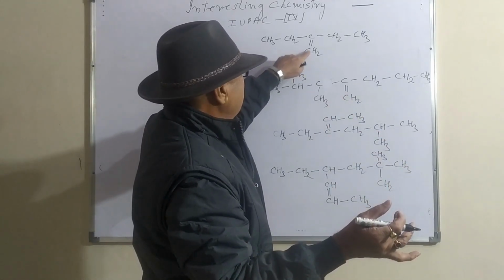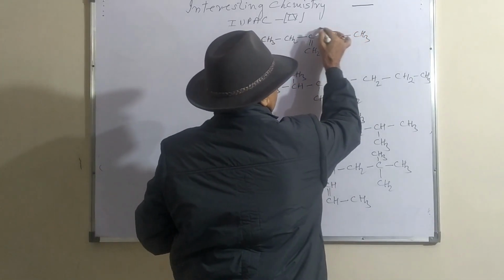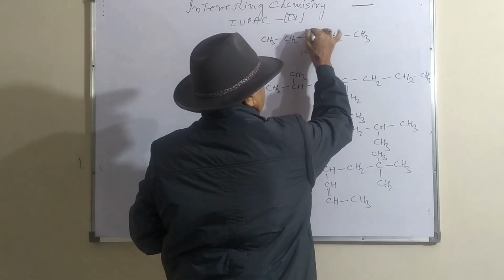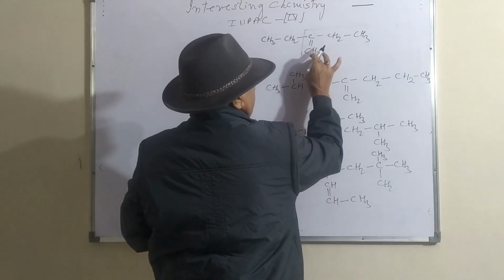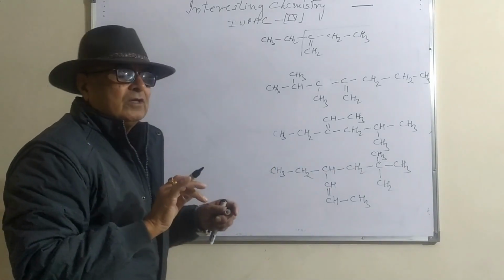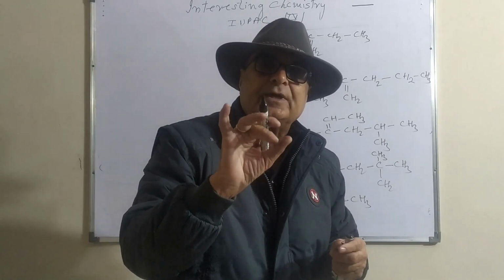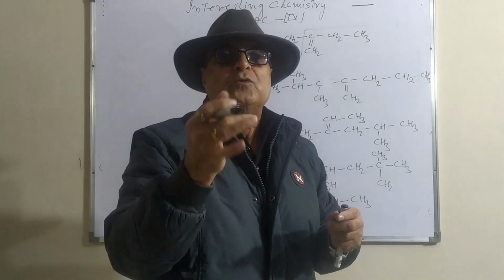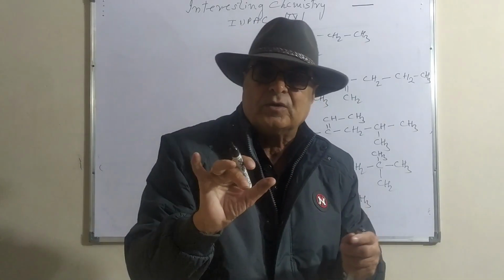So 1, 2, 3. This will be the longest chain. Or it is 1, 2, 3, 4, and it is also 1, 2, 3, 4. Without including the double bond, you can't select the longest chain.